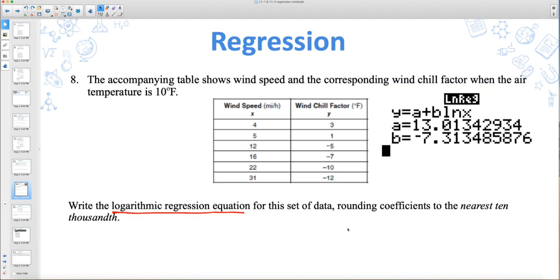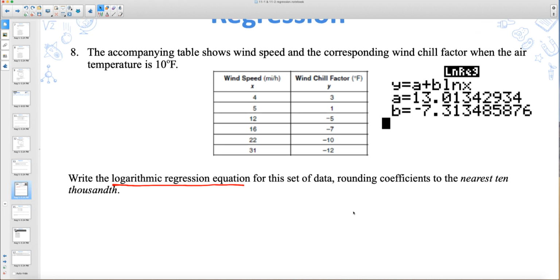Okay, so let's take a look at our rounding directions. It says to the nearest 10,000th. So that's going to be tenths, hundredths, thousandths, 10,000ths. So that's 4 decimal places. Okay, so we have y equals, A is 13.0134, we'll round it down, leave it at 4.